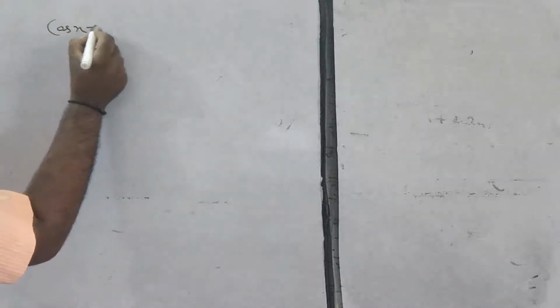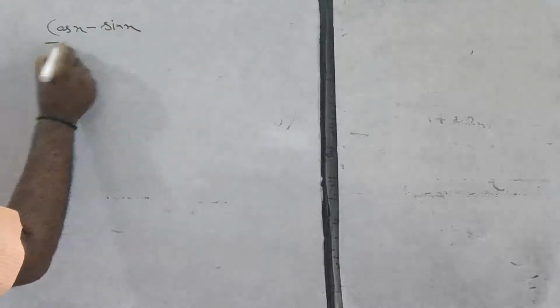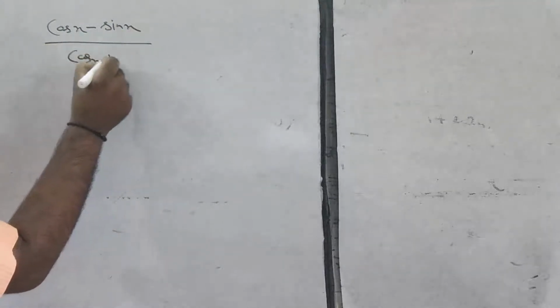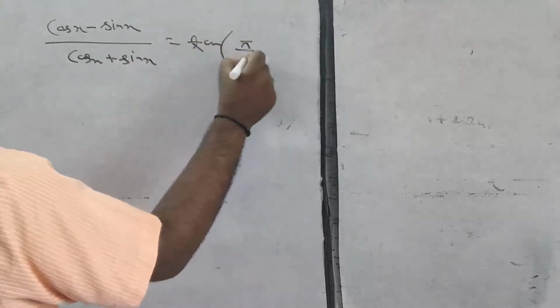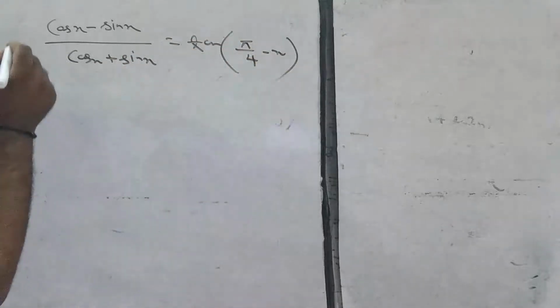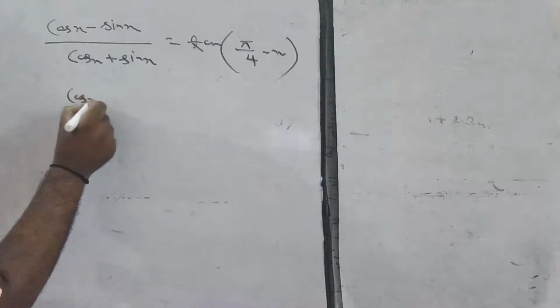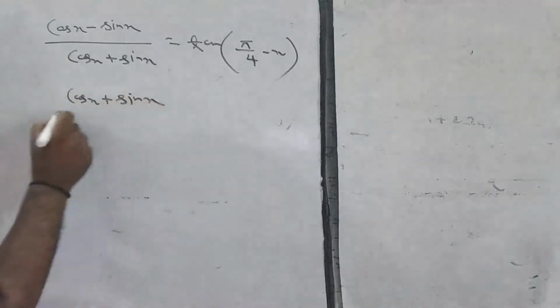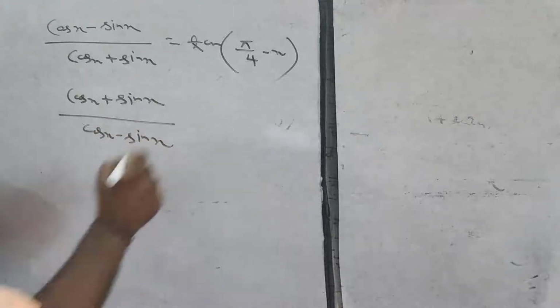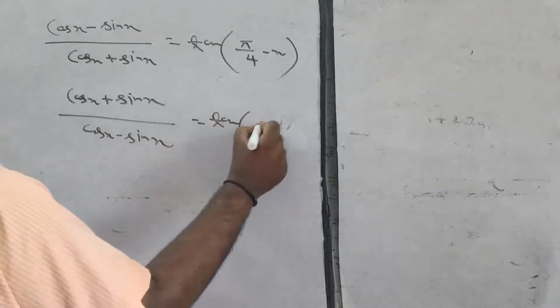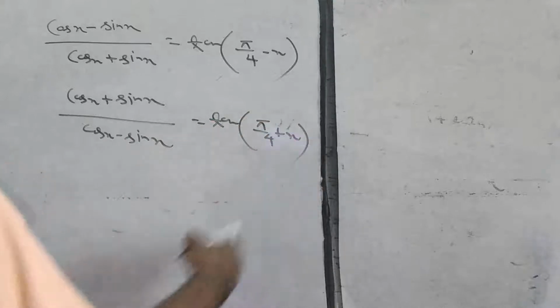Also, you must remember that cos x plus sin x upon cos x minus sin x is tan of pi by 4 plus x.